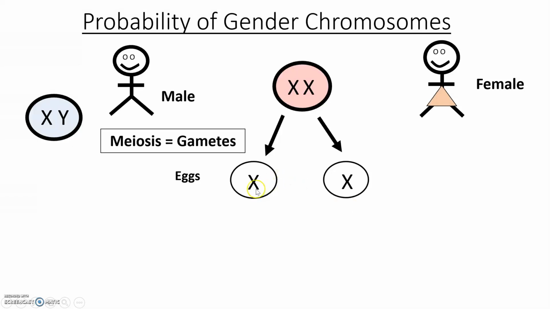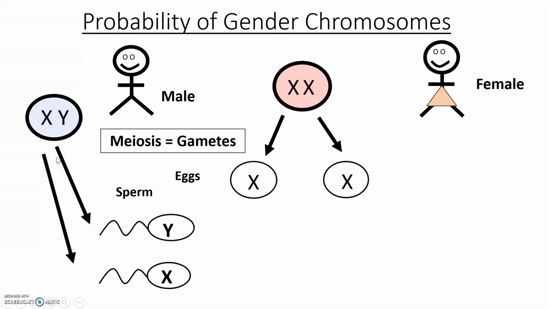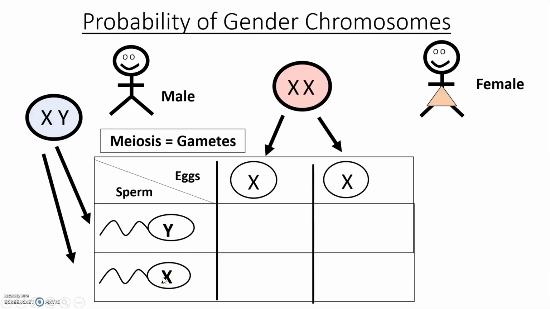So there you can see there is something that is very similar to what we had with our coin flip, your heads or your tails situation. And the same thing is going to occur over here in the male, only there, instead of making eggs, you're going to be making the sperm with the X and the Y chromosomes there. So we drop in our Punnett square so we can illustrate this whole process here.